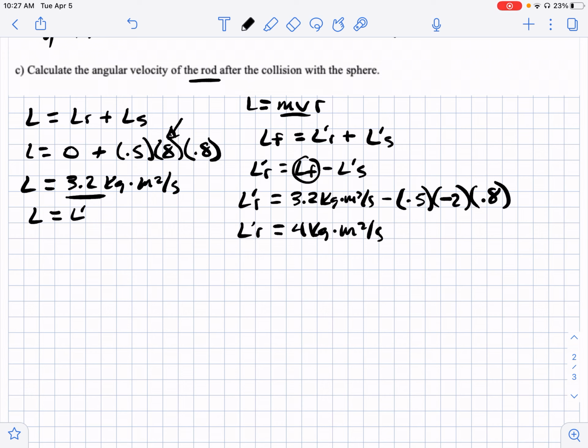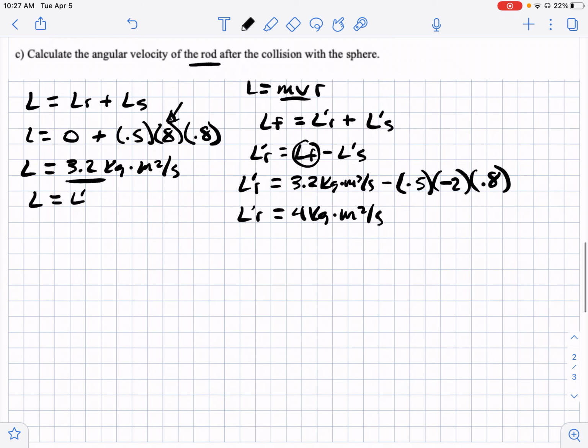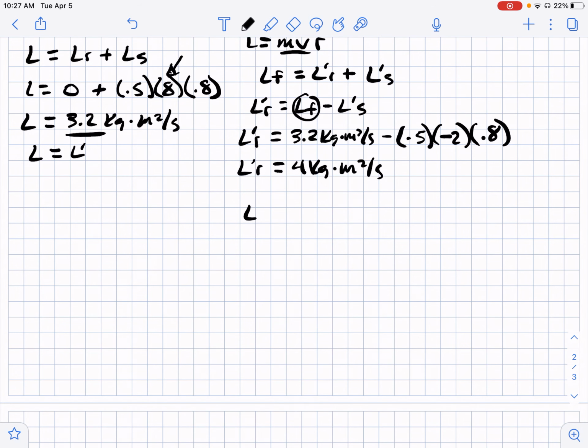And we're trying to calculate the angular velocity. Remember our equation, L is equal to rotational inertia times the angular velocity. So rearrange that for the angular velocity. It's going to equal the angular momentum of the rod divided by its moment of inertia, or rotational inertia. So before we can do this, we need to calculate the rotational inertia of that rod. And it's a rod with the axis of rotation on the end.